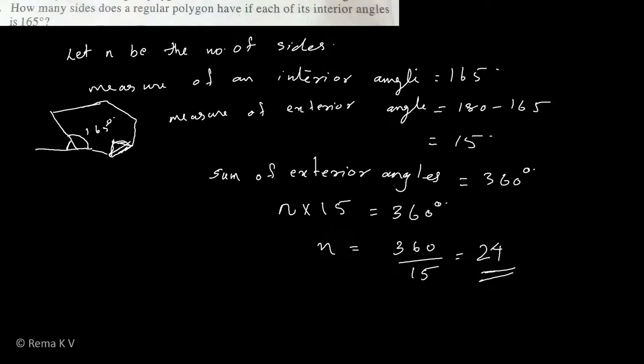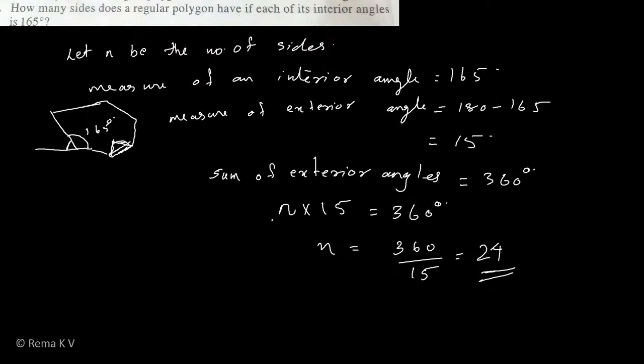Measure of an exterior angle is given as 165. So its corresponding exterior angle is equal to 180 minus 165, which is equal to 15. Then the sum of exterior angles is equal to 360 degree.